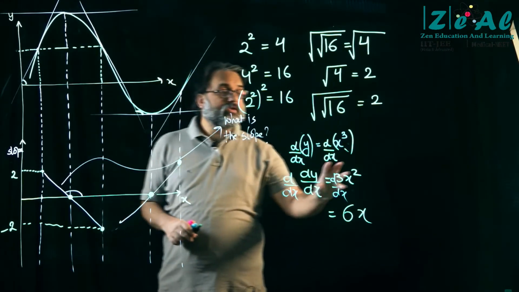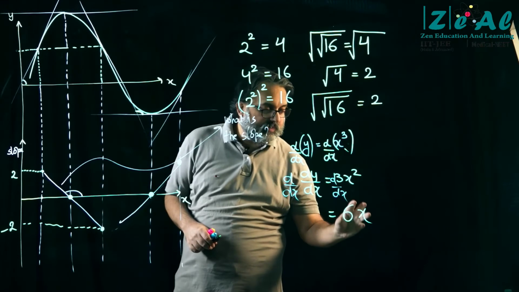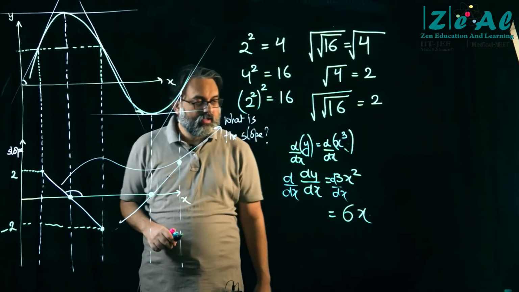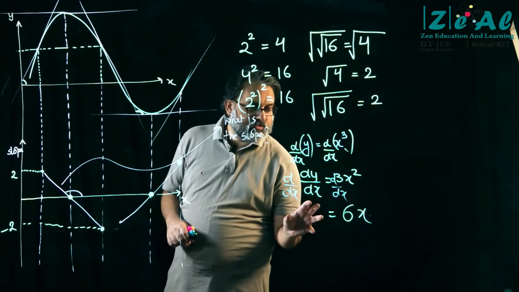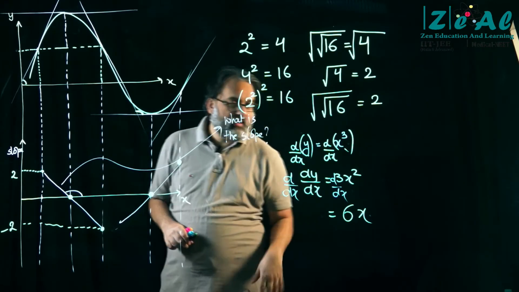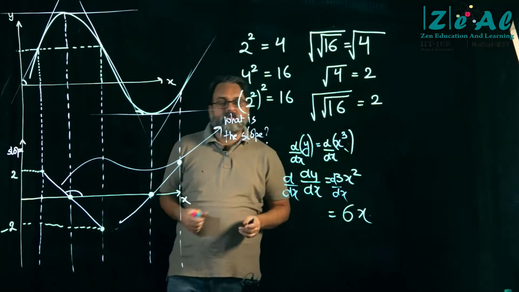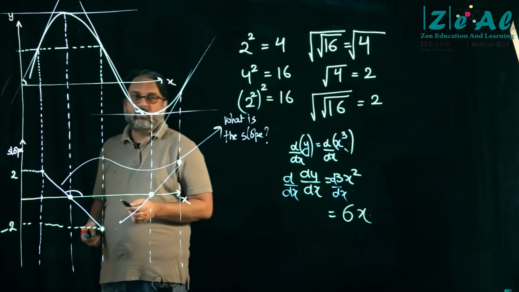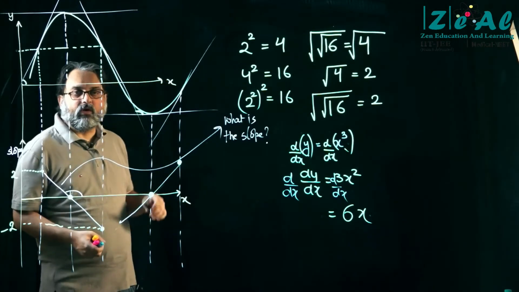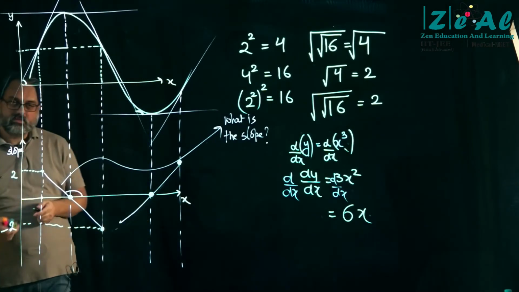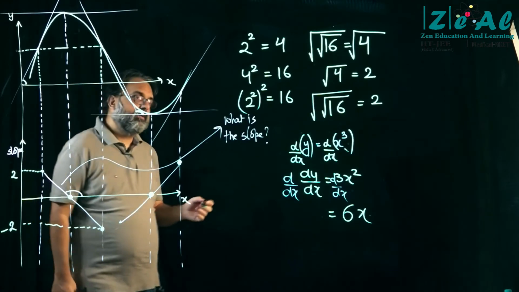Now d by dx of 3x square is very simple, I get 6x. But what is this? ये क्या चीज है? d by dx of dy by dx. Okay, d by dx of dy by dx. It is this.